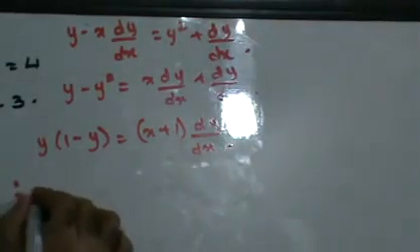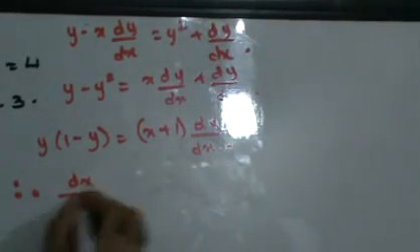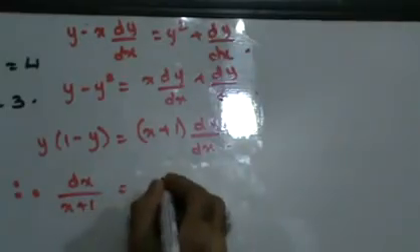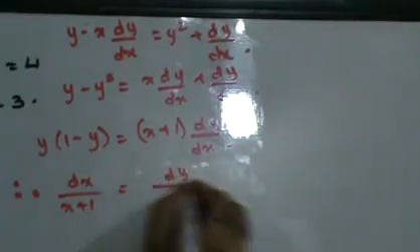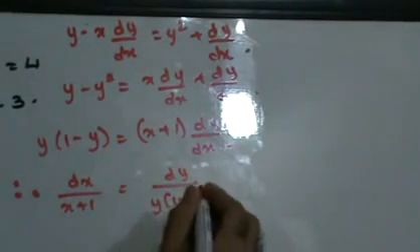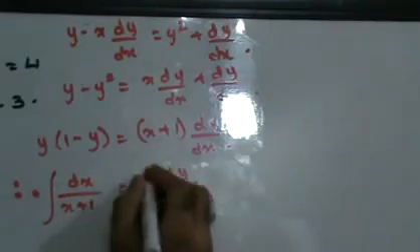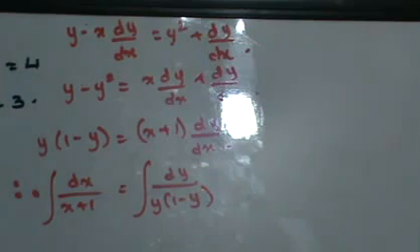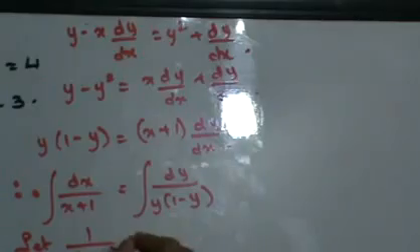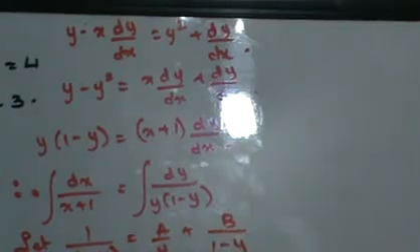Therefore you can say that dx upon (x + 1) is nothing but dy upon y(1 - y), right? You got x together, y together, integrate, right? Now you will say that let us assume that 1 upon y(1 - y) is a upon y plus b upon (1 - y).